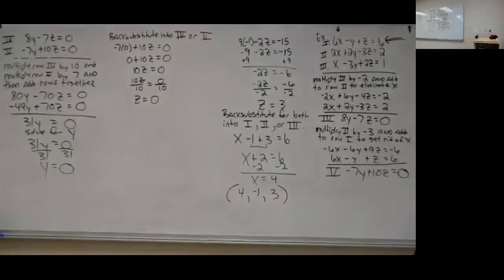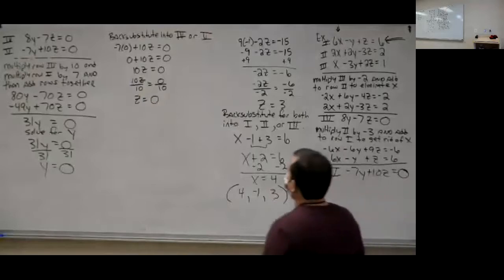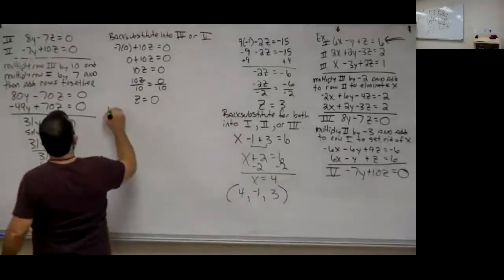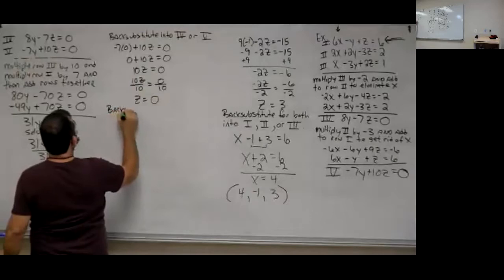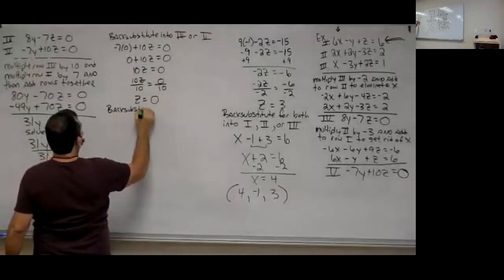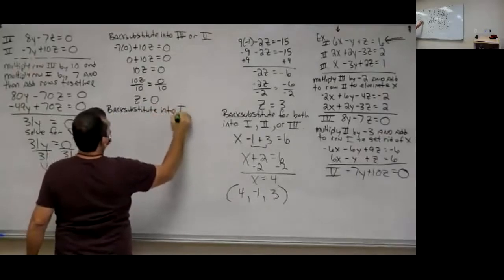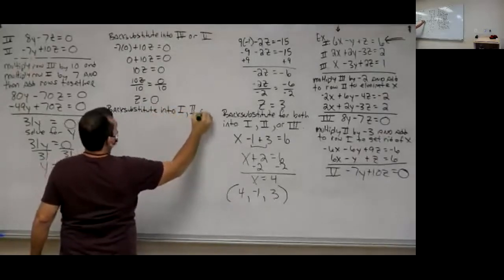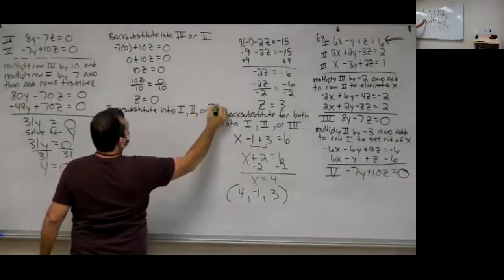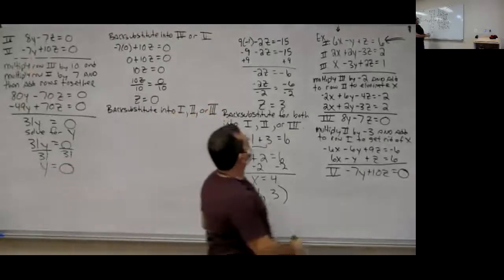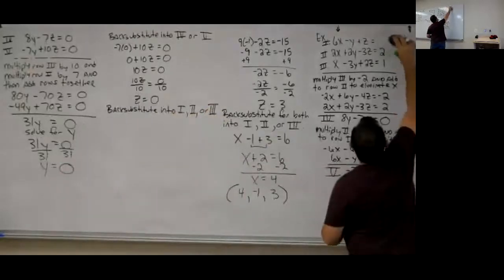I know the y and the z are 0, so now I've got to find that x. So now I'm going to back substitute into 1, 2, or 3. Here's my 1, 2, and 3 over here.